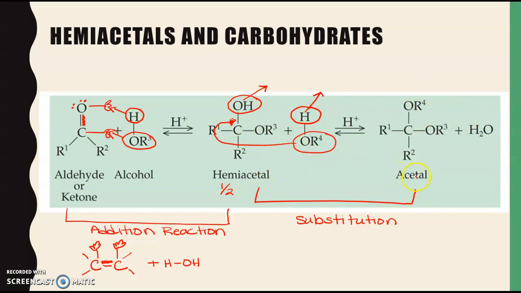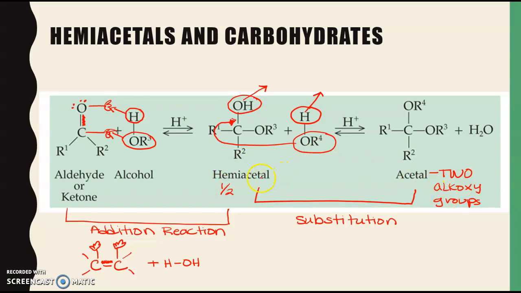So if you notice, this acetal has two of these OR groups, two alkoxy groups. Remember, alkoxy means alkyl, meaning it has at least one carbon, and then oxy, it's single bonded directly to an oxygen atom. And that's what a hemi is half of in terms of the acetal.